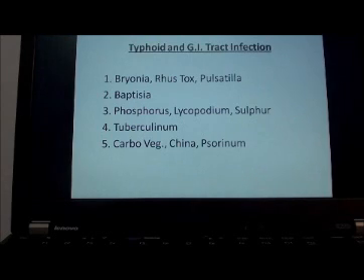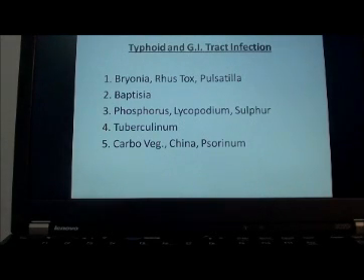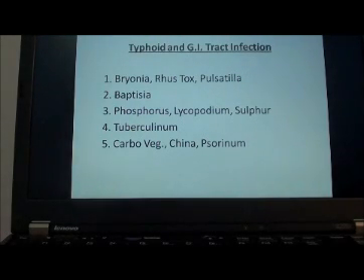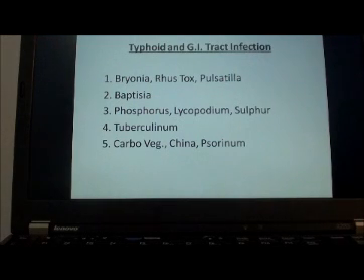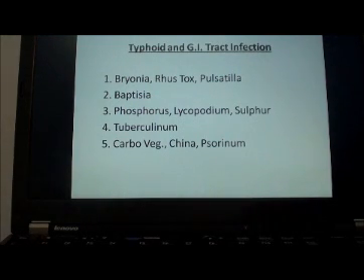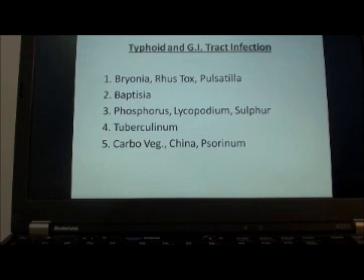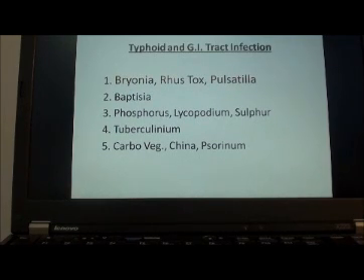Bryonia, Rhus tox, Pulsatilla, Baptisia, Phosphorus, Lycopodium, Sulfur, Tuberculinum, Carbo veg. Now we'll see at what stages of typhoid these drugs come.